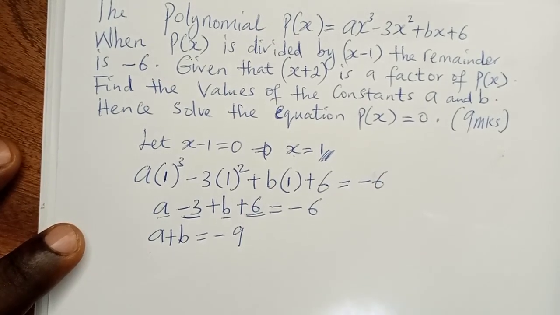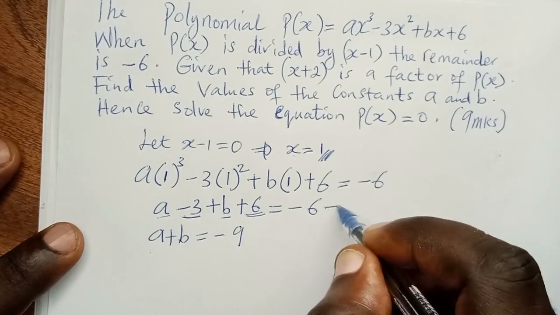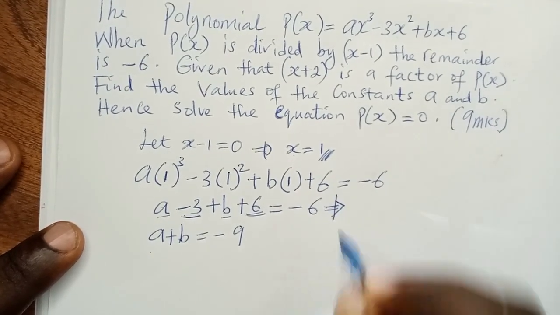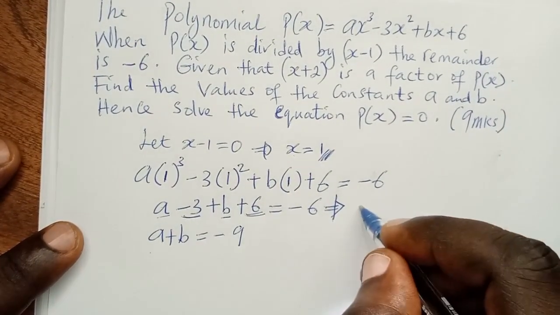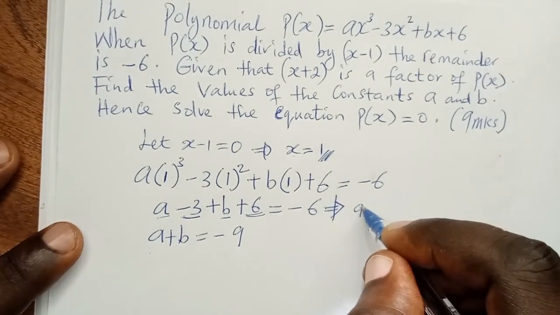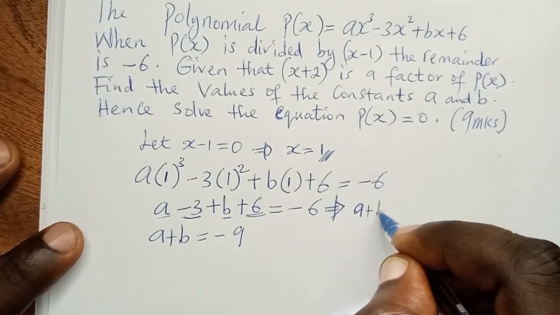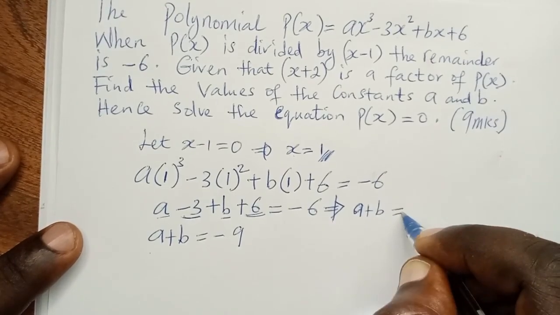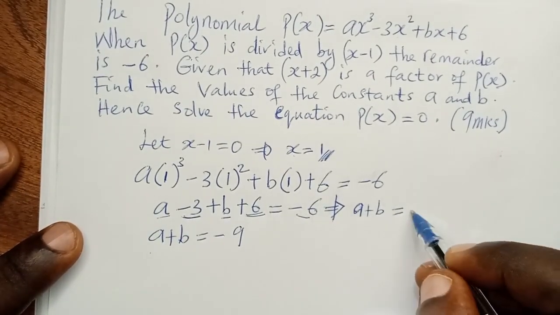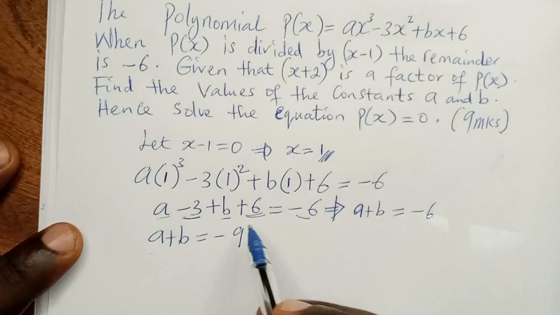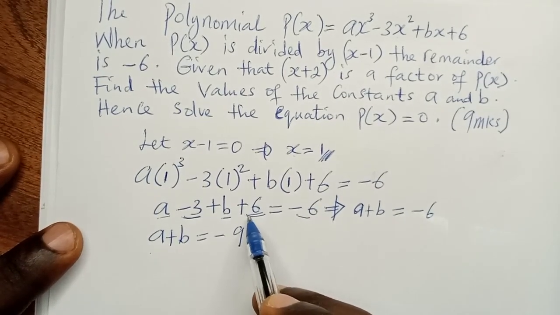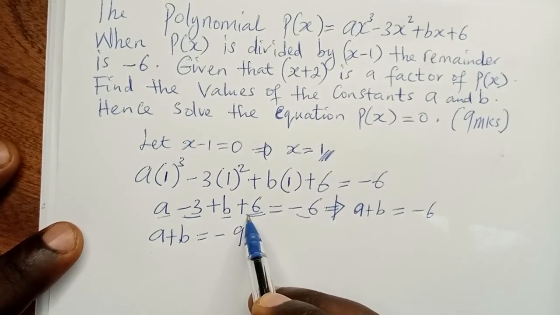So we have just grouped like and unlike terms. Let me try to express this so that you understand it. This implies that this is a plus b, putting like terms together. A plus b will be equal to this minus 6. Let's carry this plus 6 from here to the other side.